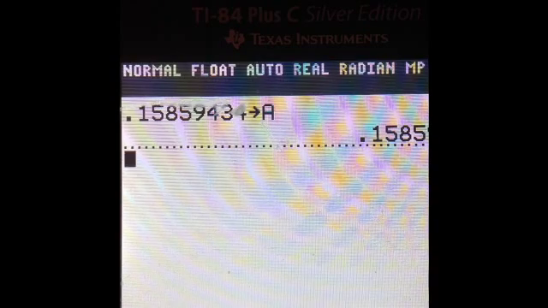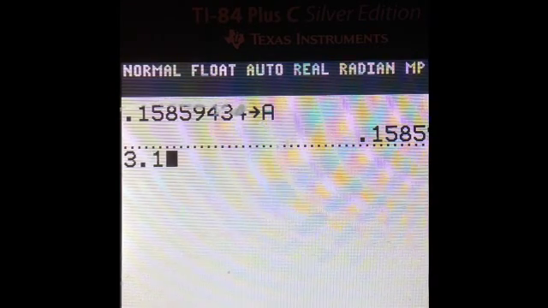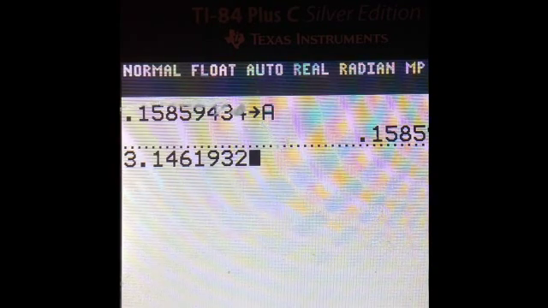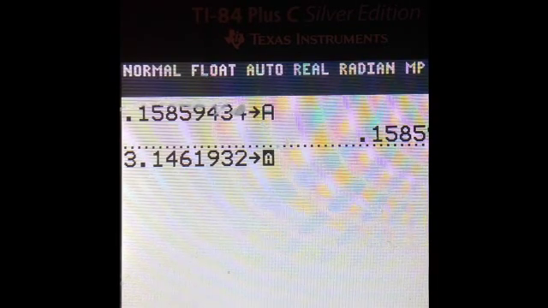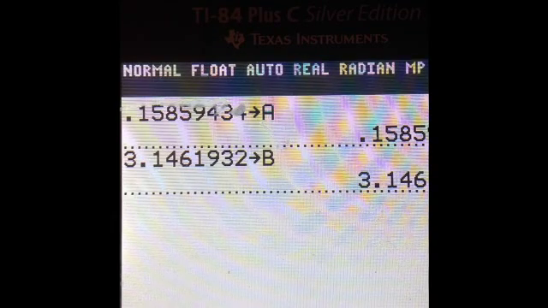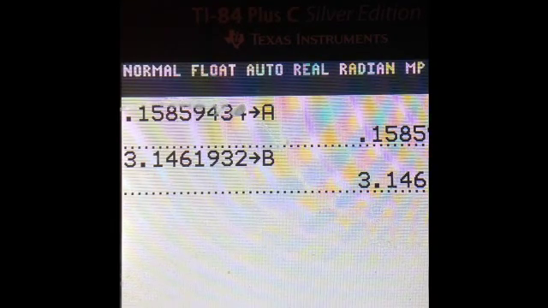And then I'm going to put our higher bound. Notice I'm using x values because we're going over a horizontal line in part B. Make sure I type that right. 3.146. Store, alpha B. Again, you don't have to store, you can just type it in.